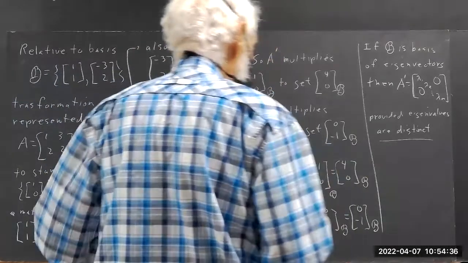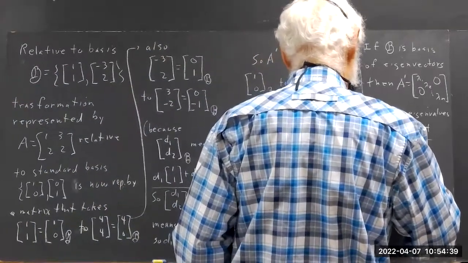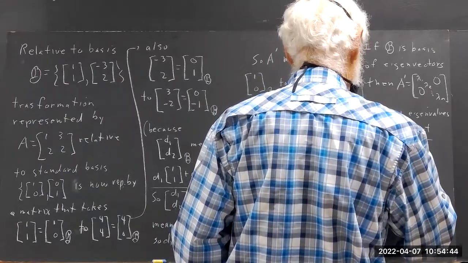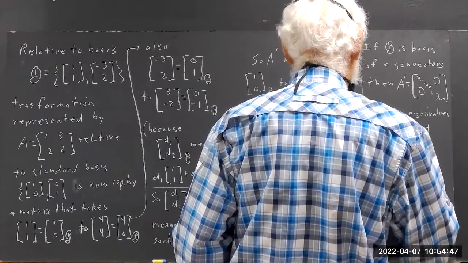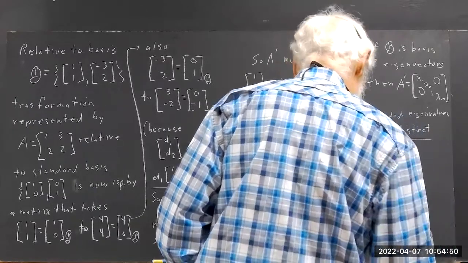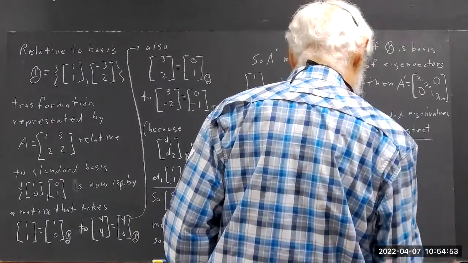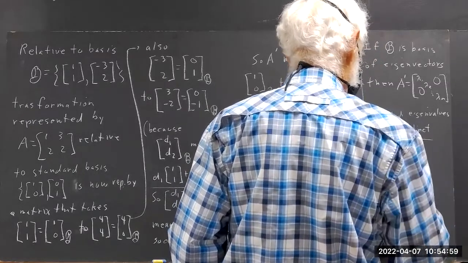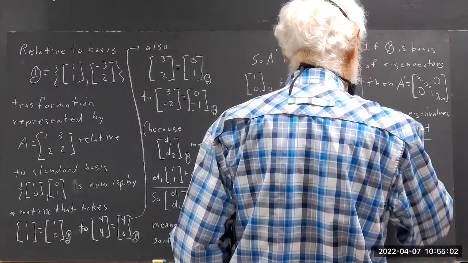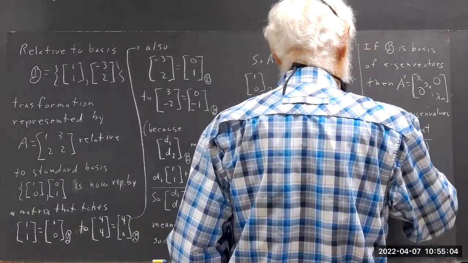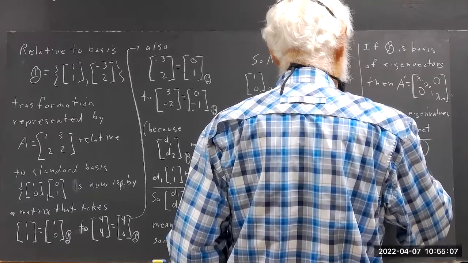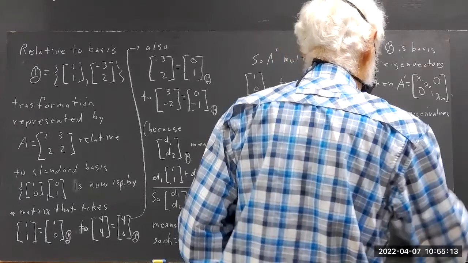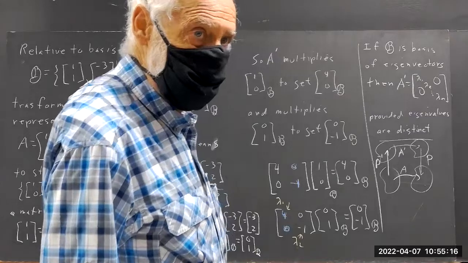The picture that goes with this, of course, is you have a transformation from one space to another defined by A. And up here, you have this diagram.